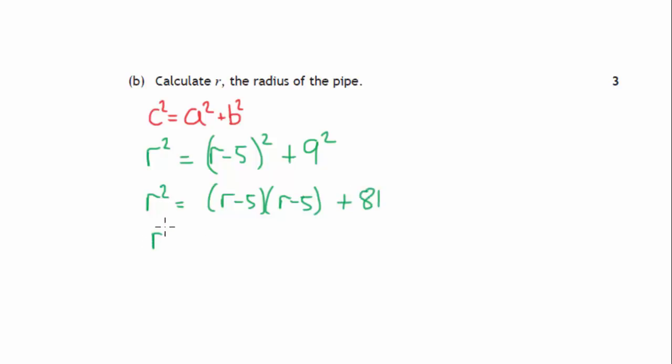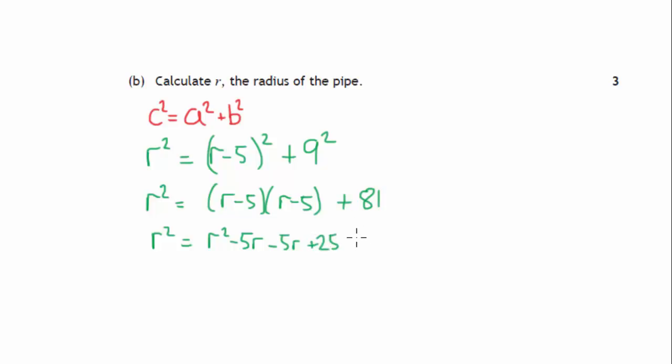So r squared equals, remember r times r gives you r squared. Then we've got r times minus 5, which gives you minus 5r. You've then got minus 5 times r, which is another minus 5r. And then we've got minus 5 times minus 5, which is your 25.